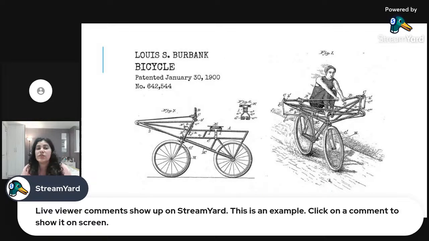This is just a typical example of how a patent application looks. Can anyone tell me what this could possibly be? Anyone? I don't know if someone is answering in the chat box.